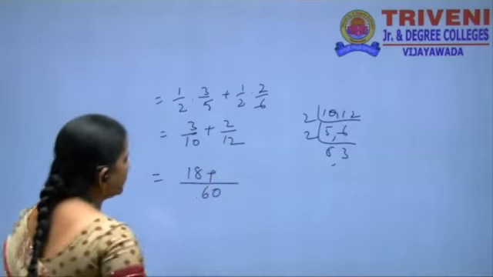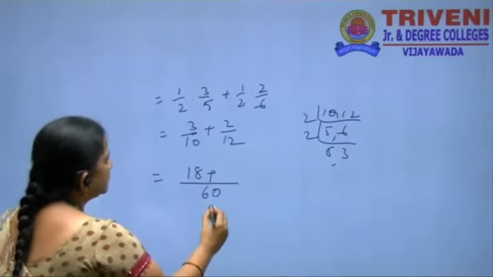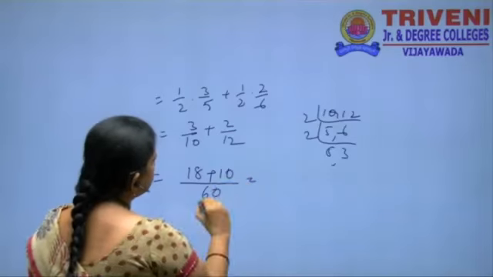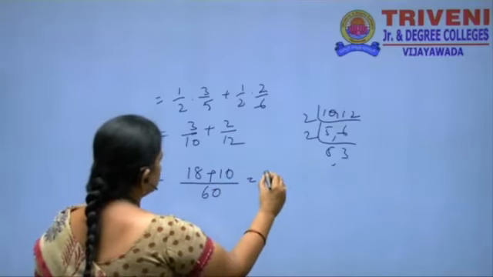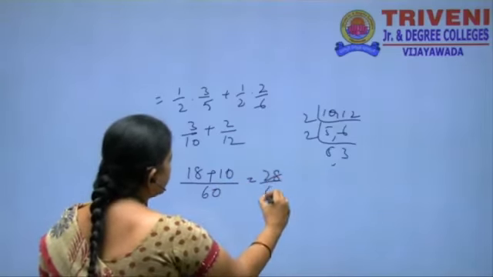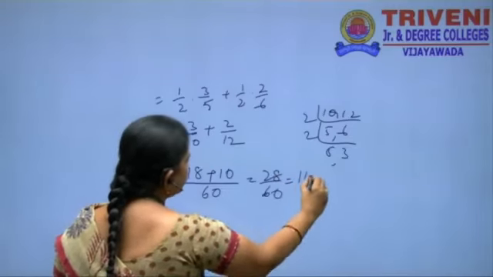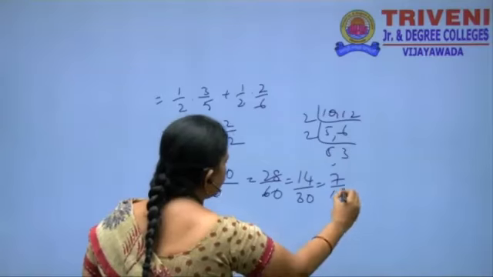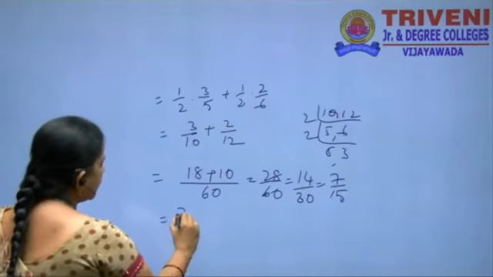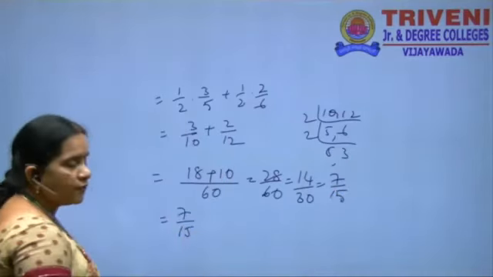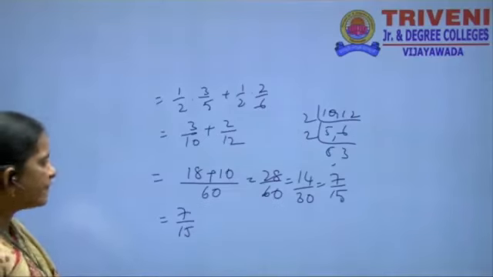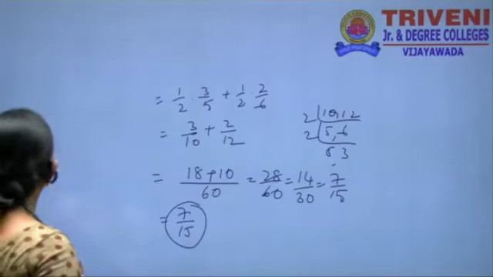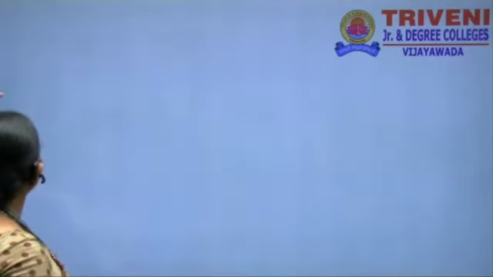Here 12 is there. 60 by 12 is 5. 2 into 5, 10. 28 by 60. 2 twos will cancel here. 14 by 30 and again 7 by 15. The probability is here 7 by 15. Before drawing the two balls, the probability of white is 7 by 15. Okay, and then we are going to the next one.